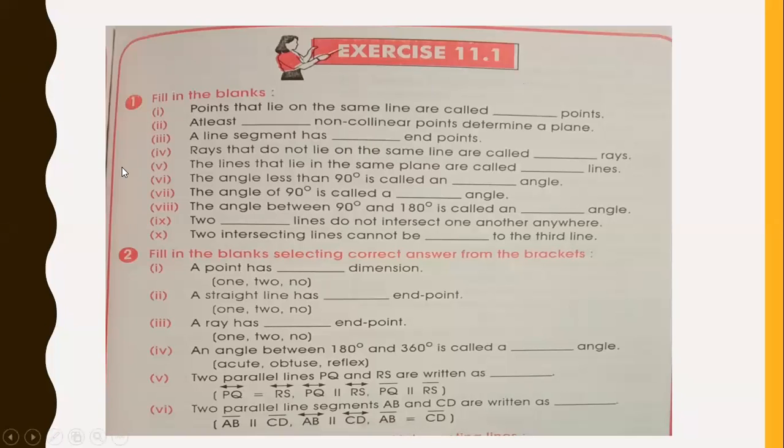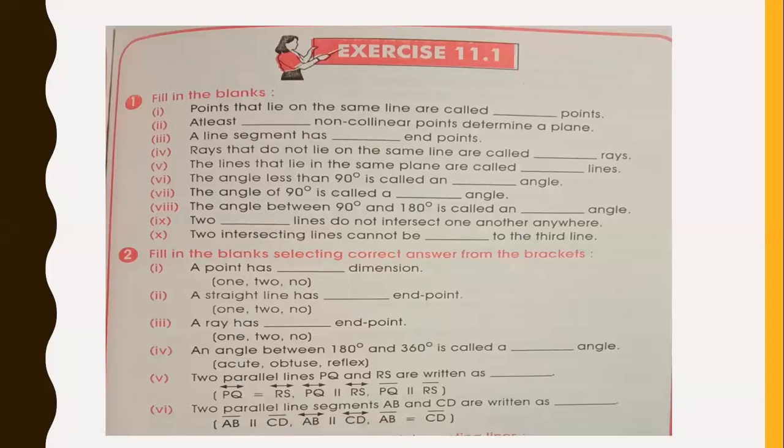So, I hope you can easily complete question 1 and question 2 in your book. Properly listen to me. You have to complete question number 1 and question 2 of exercise 11.1 in your book. Is it clear?